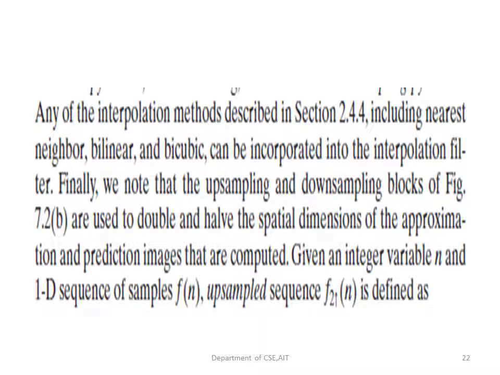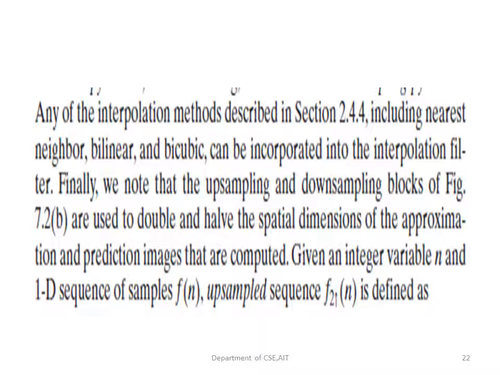Because we are making use of the spatial domain, the previous interpolation methods that we had discussed, that is the nearest neighbor, the bilinear or the bicubic, can all be incorporated into our interpolation filter. At last, the upsampling and downsampling blocks present in this figure are used to double or halve the spatial dimensions of the approximation and the prediction images that are computed.